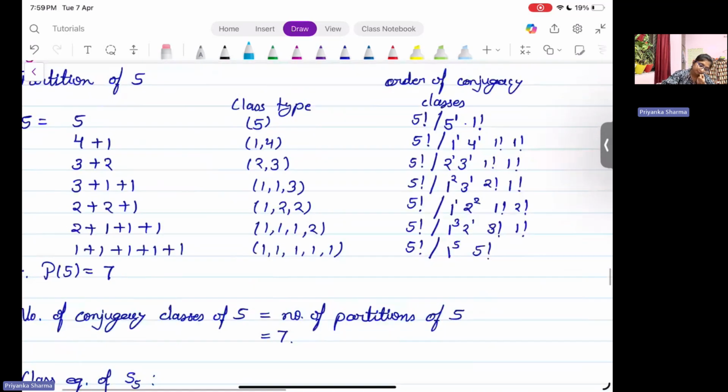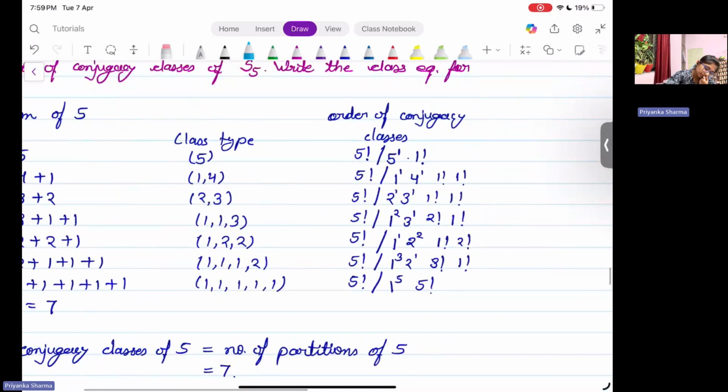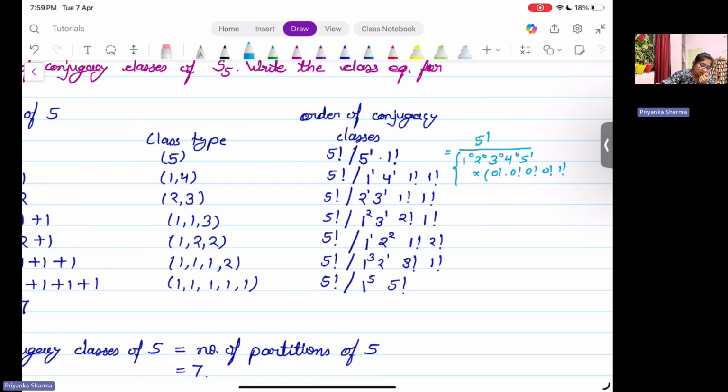So actually here we will write factorial 5 divided by 1 to the power 0, 2 to the power 0, 3 to the power 0, 4 to the power 0, and 5 to the power 1. And the factorial of their powers, that is factorial 0, factorial 0, factorial 0, factorial 0, and factorial 1.